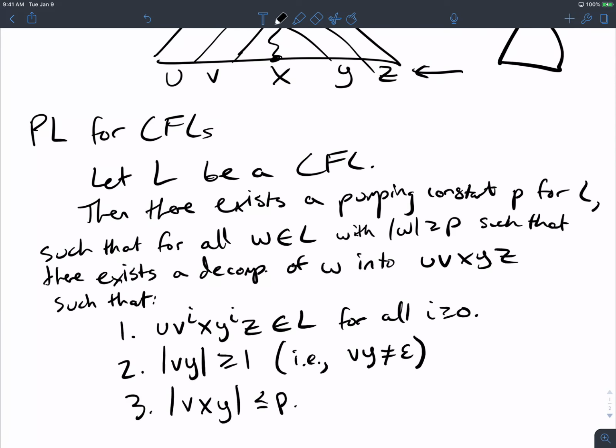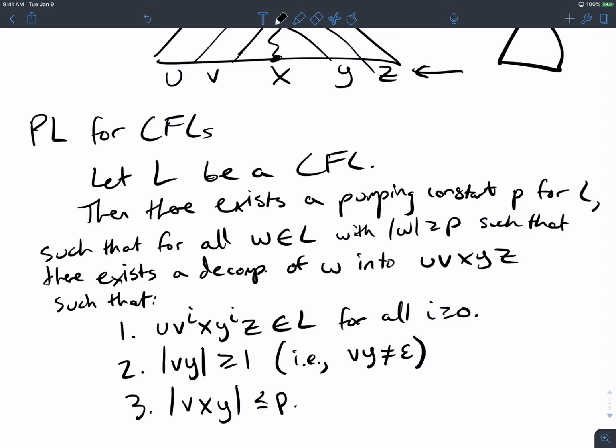Well, here's something interesting. Remember the regular language version. If you remember the x and y part of the string having length at most p, where was the x and y part in the string? Was it in the middle, at the end, or at the beginning? At the beginning, because the decomposition was x, y, z, and the xy part has length at most p, because xy is the prefix of the string.